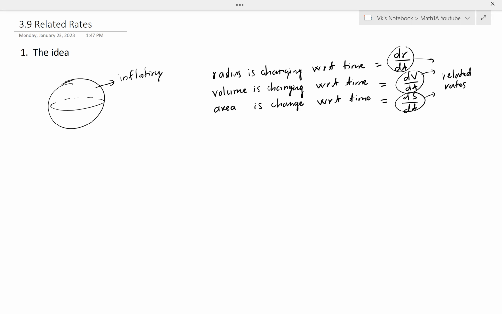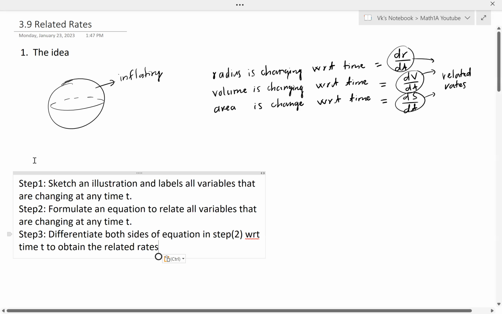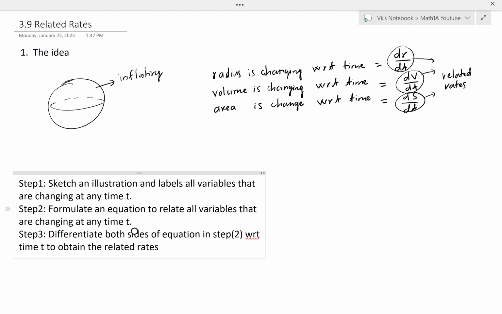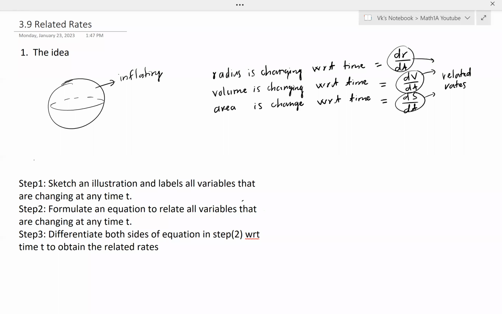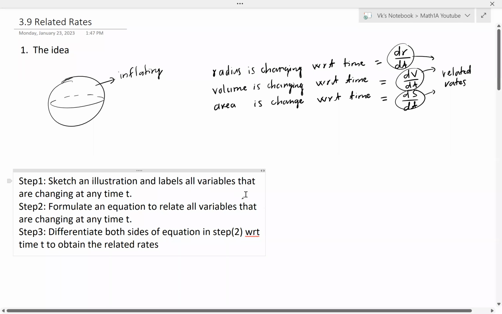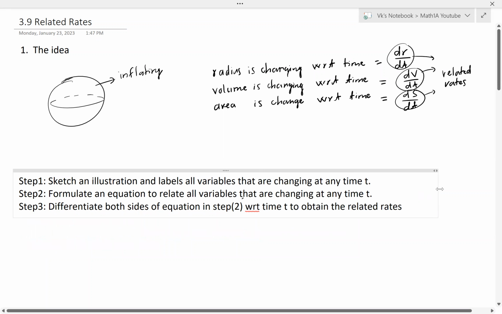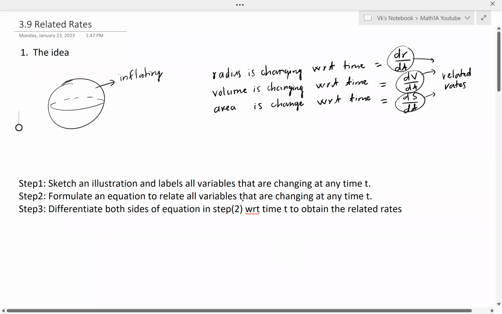So in a related rate problem, that is what we are trying to do. In step one, we sketch an illustration and label all variables that are changing at any time t.